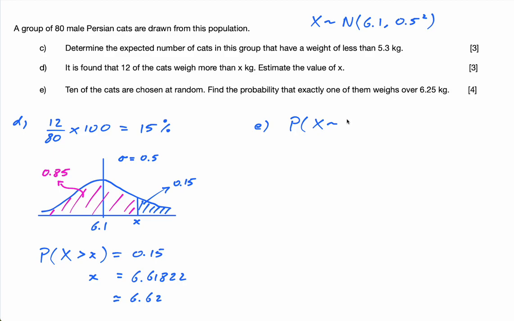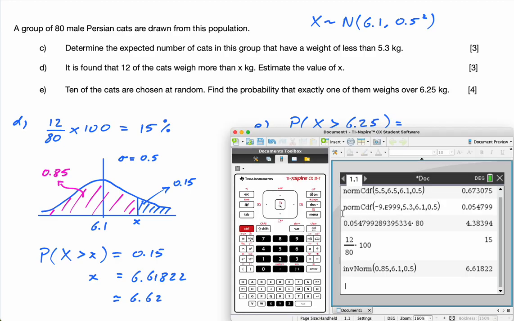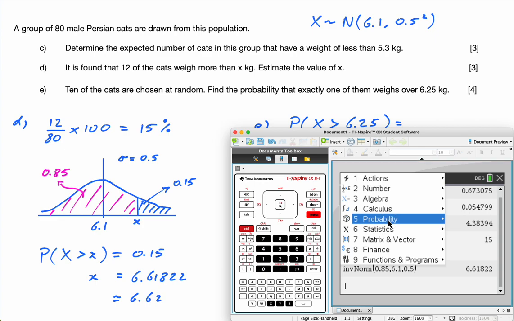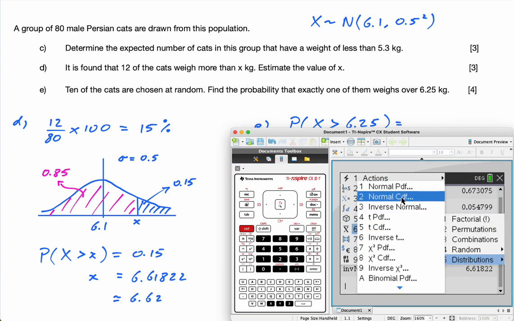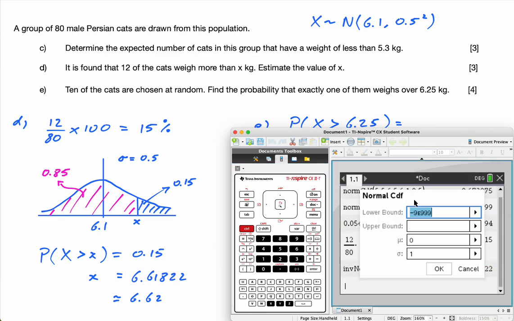So the probability that x is bigger than 6.25 is menu, probability, distributions, normal CDF. Lower bound now is 6.25 because I want bigger than 6.25. The upper bound, just do 9999999 because it's something massive. Then the mean is still 6.1 and the standard deviation is still 0.5. Press enter.